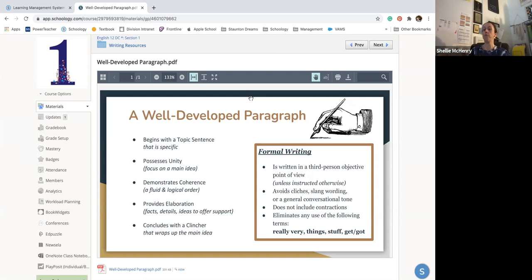Now, formal writing in general has some very specific rules that should be pretty inherent to you by now. I'm seeing some things in writing that are highly concerning, not just because you guys are academic or DC, these just shouldn't be things that a 12th grader is still doing in their writing.